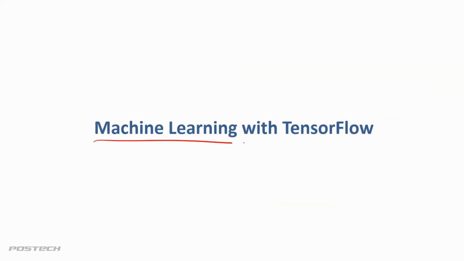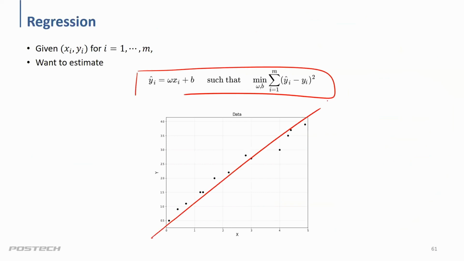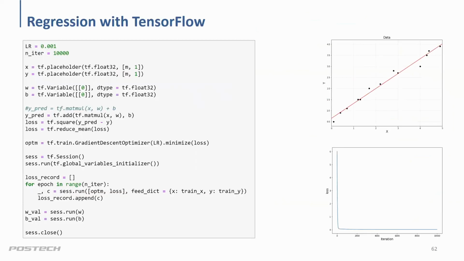Now I'm going to do machine learning, the methods or algorithms that we learned, using TensorFlow. So the first thing is regression, and I don't have to go through the regression again. This is the problem statement that I want to compute, and this is the regression with TensorFlow.